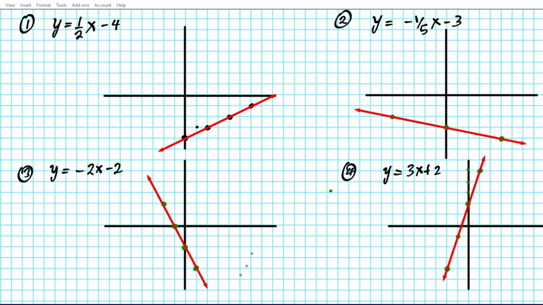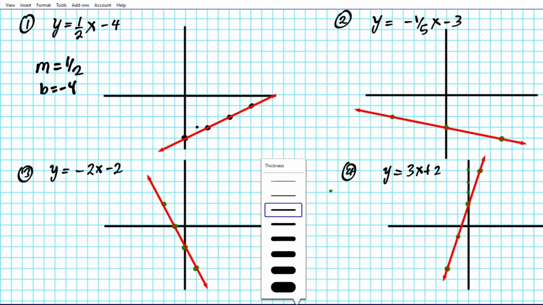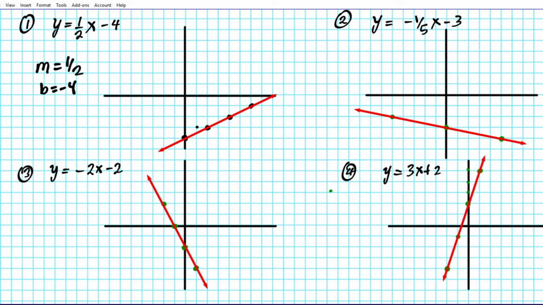Alrighty, so hopefully you had a chance to go work on the problems. These are the answers to questions 1 to 4. So for number 1, m is 1/2 and b is negative 4. So this is negative 4, and you can see the slope triangles happening there. For number 2, m is negative 1/5 and b is negative 3.